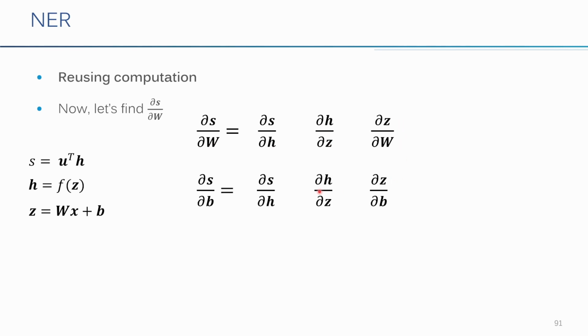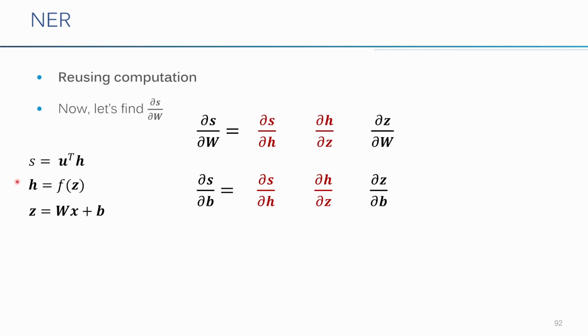But if we look closely, there's no need to actually repeat the computation of these terms right here, simply because they're exactly the same. So we see that the partial derivatives of this upper layer, this hidden layer and the final output here, are pretty much the same.